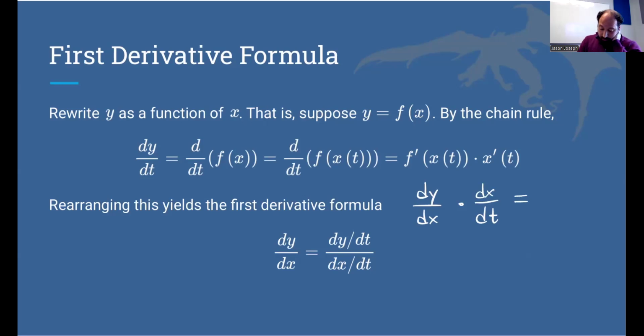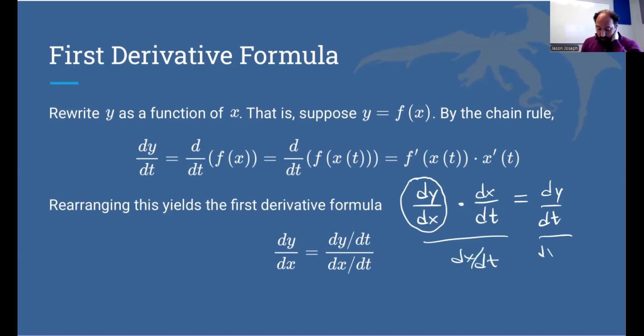Because the chain rule says this is equal to dy dt. Then what we are doing to get this final formula is just solving for dy dx, right? So you just divide both sides by dx dt, and that's how you get this formula.